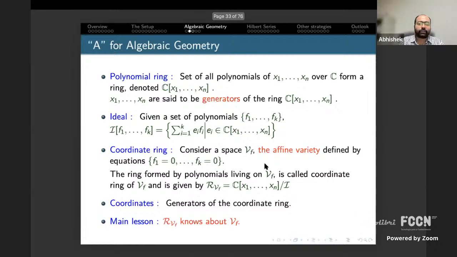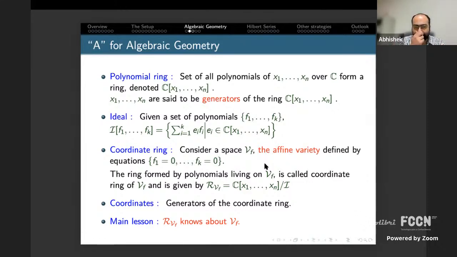Okay, so let me quickly build some basics. There is this concept of a polynomial ring, which is, if you have coordinates x1 to xn, then all polynomials that you can construct form a polynomial ring.